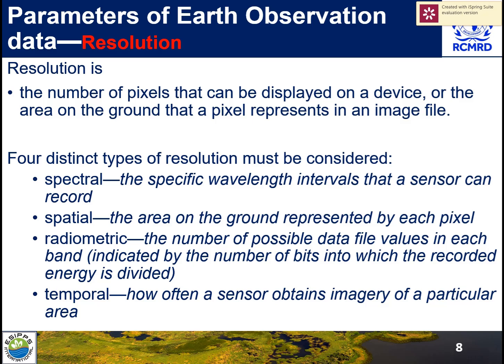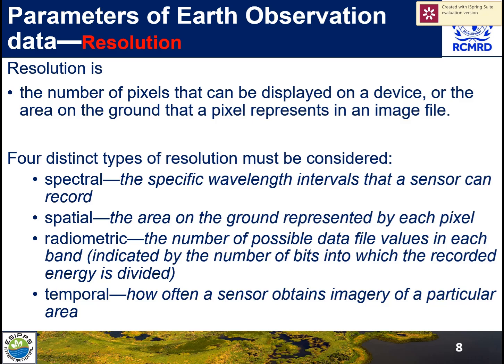The temporal resolution aspect of the Earth observation data system looks at how often a sensor obtains imagery for a particular area. So here we are talking about, wherever you are right now, the Earth observation system images that part of where you are.